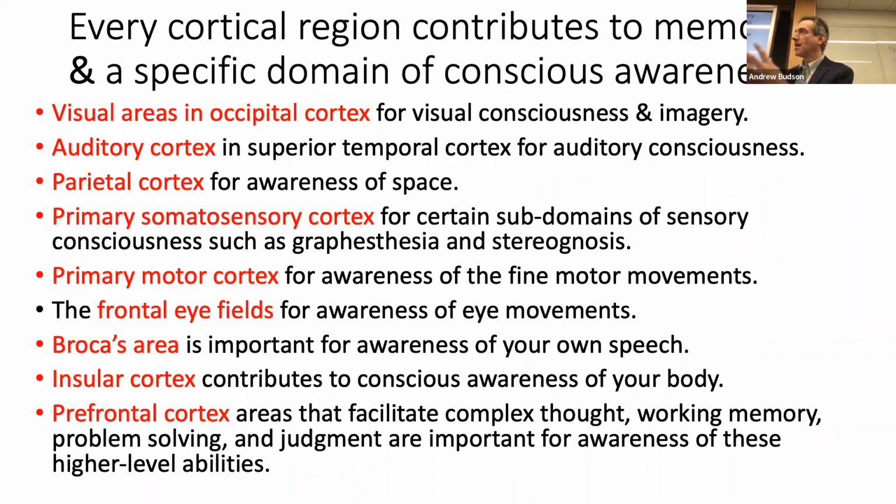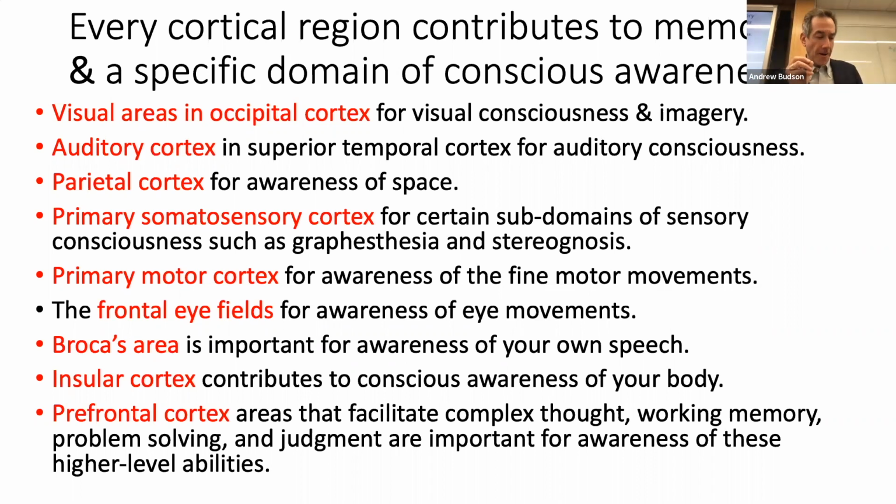Parietal cortex, important for awareness of space. Somatosensory cortex, important for tactile and other forms of sensation consciousness. Even primary motor cortex is important for being conscious of fine motor movements, et cetera. So all these areas, they're all important for different types of consciousness.